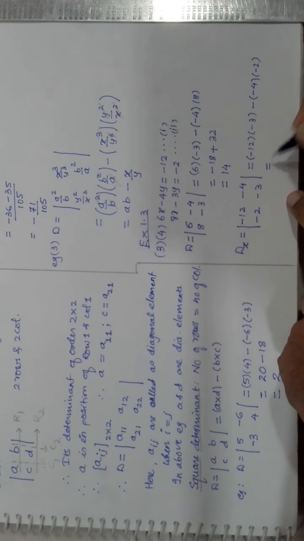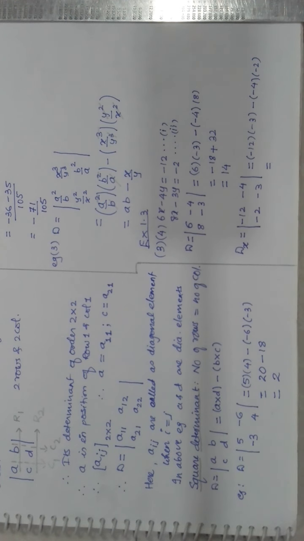So you get here there are two minus signs, so obviously it will become positive. 12 threes is 36. Now there are 3 minus signs. So again I am repeating, multiplication of odd negatives will be minus, 4 twos are 8. So you get 36 minus 8, obviously will be 28. So you got the value of dx as 28.